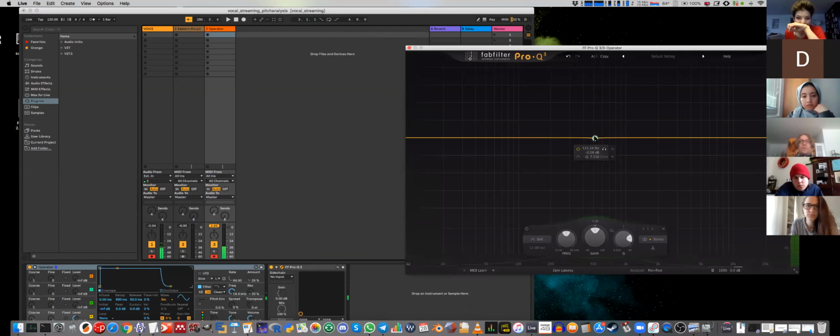Now, the nice thing is that if I go up with my notes, you see the pitch is moving, right? Now, if you know a little bit about music, you might recall that this is called an octave. You're moving up by an octave, right?